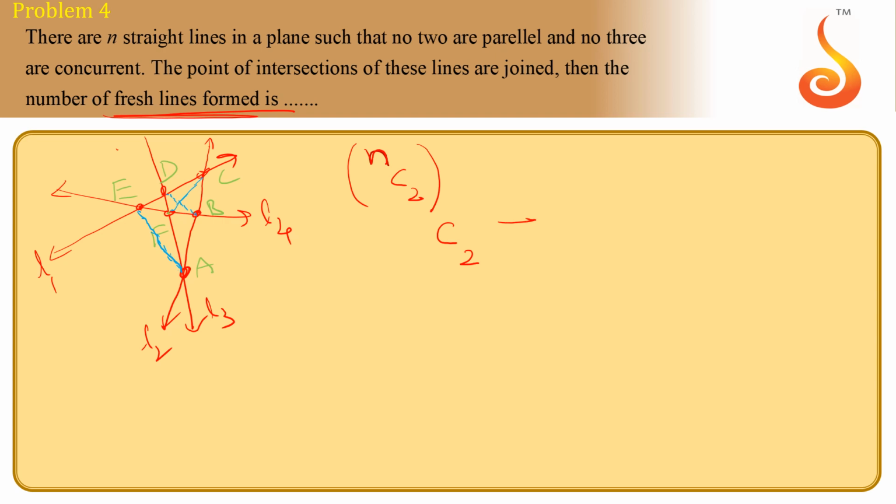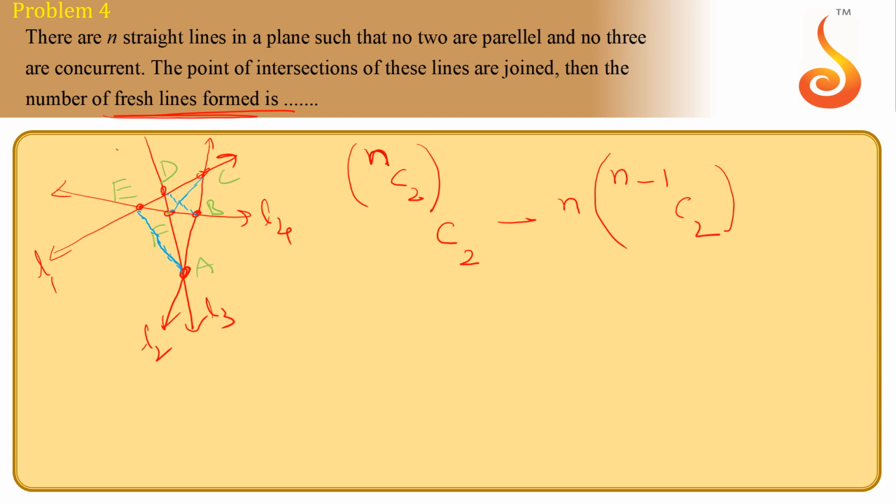But in those straight lines, there are some old lines. So if you observe carefully, each line is intersecting the remaining n-1 lines in n-1 collinear points. So those n-1 points will generate n-1C2 lines, which represent the old lines. So such are with all lines.